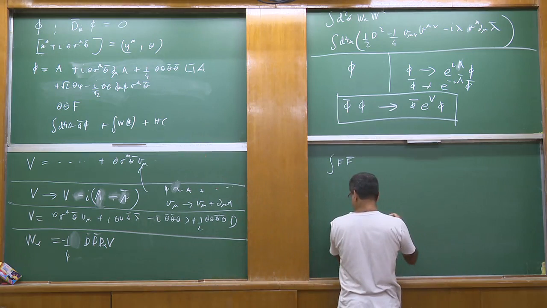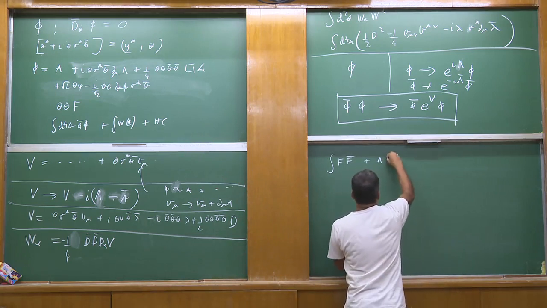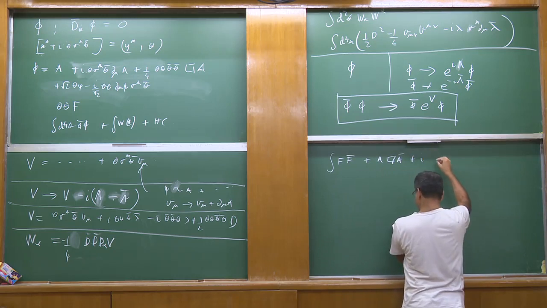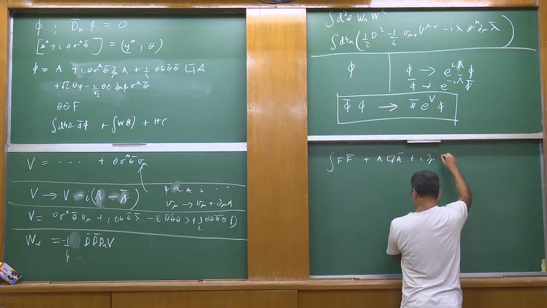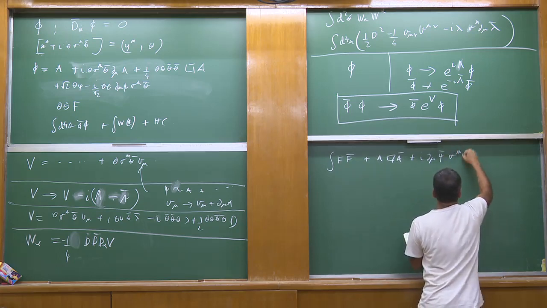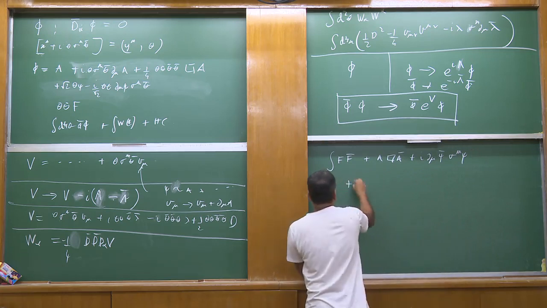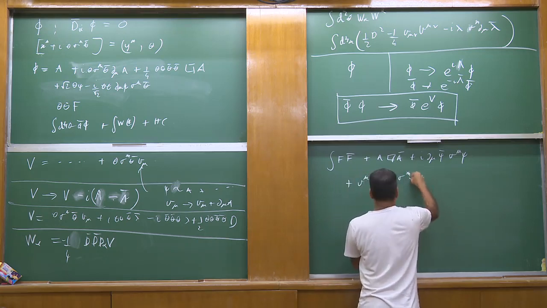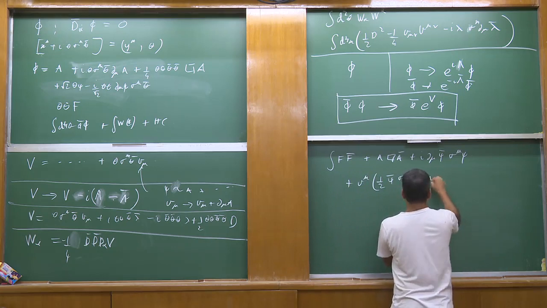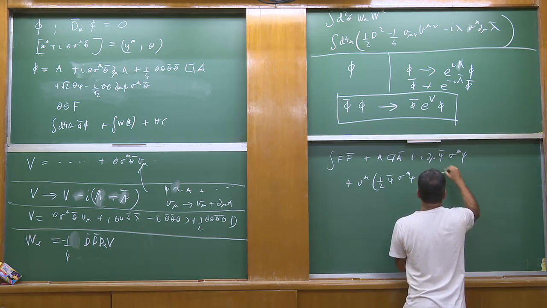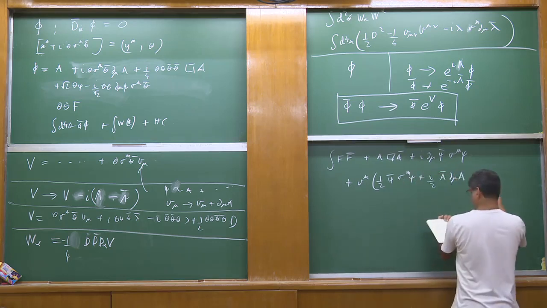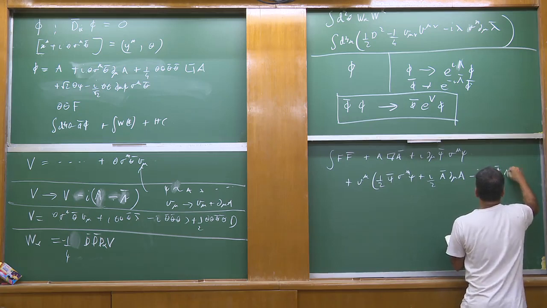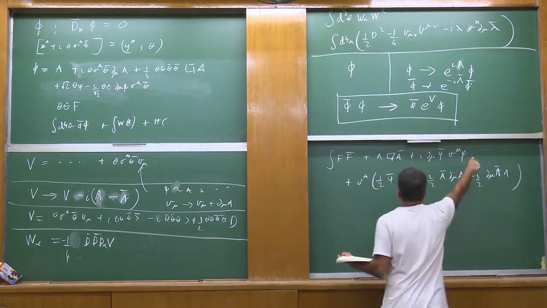So we get F bar F plus A bar box A plus i del mu psi bar sigma mu psi, plus V mu into half psi bar sigma mu psi plus i by 2 A bar del mu A minus i by 2 del mu A bar A. So that was the term with no V's.